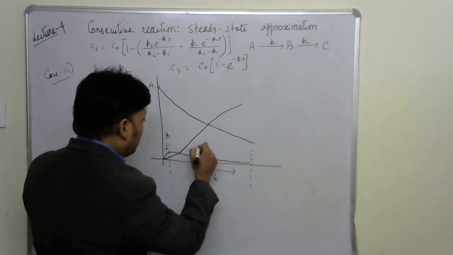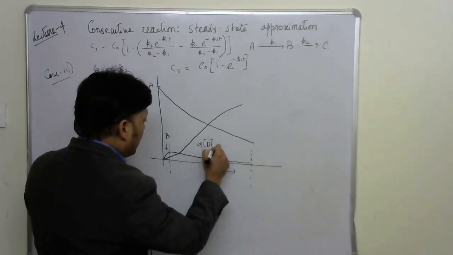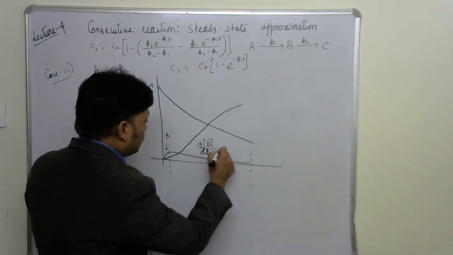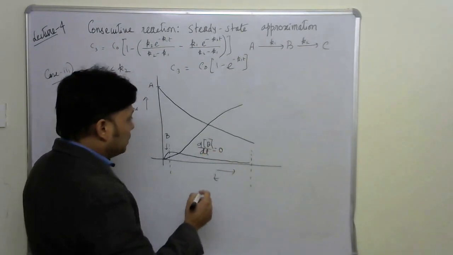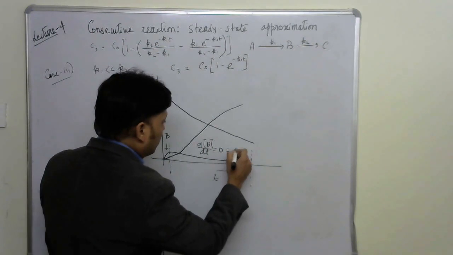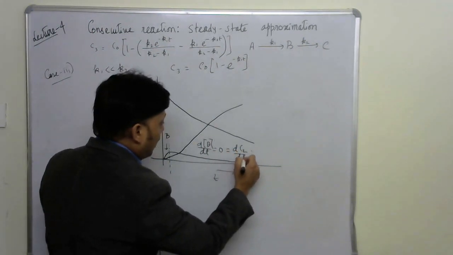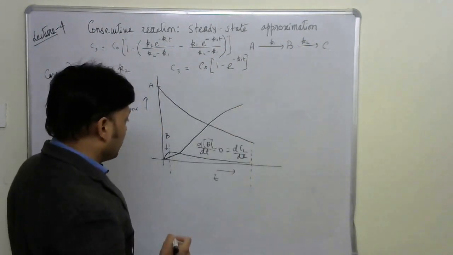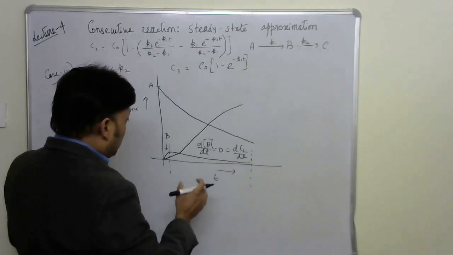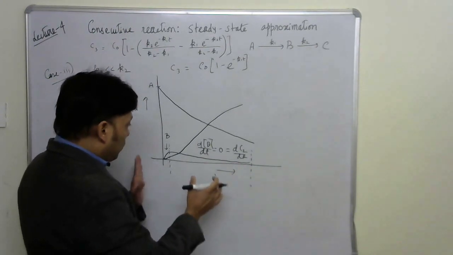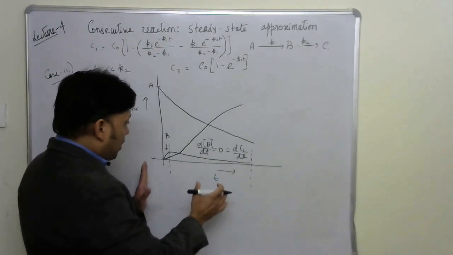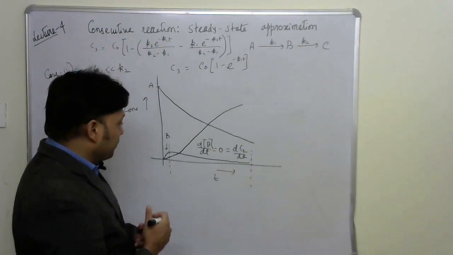So here we can write that dB/dt is equal to 0, or dC/dt is equal to 0. This is the same thing, according to our definition over here. So in this scenario, if you look at the graph once again, you will get 2 things.